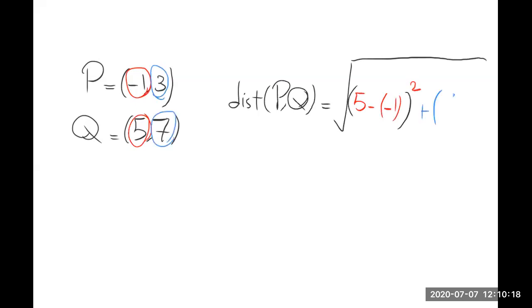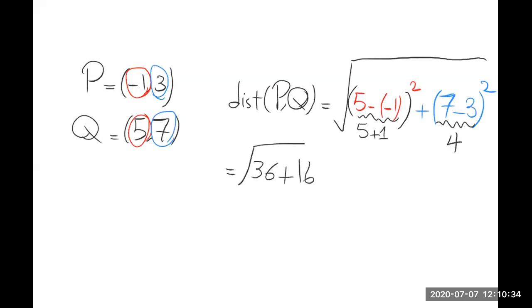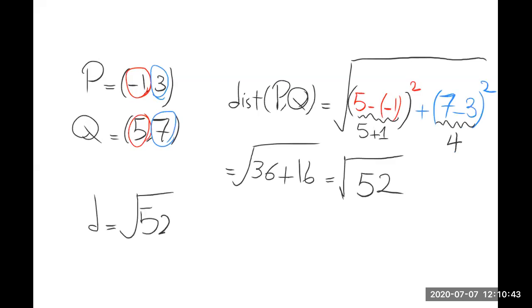It would be 7 minus 3 squared. Now 5 minus -1 is 5 plus 1, which is 6. 6 squared is 36. 7 minus 3 is 4. 4 squared is 16. Their sum is 52. So the distance between them is radical 52. Okay. That's the way to compute distance between 2 points in 2-dimensional space.